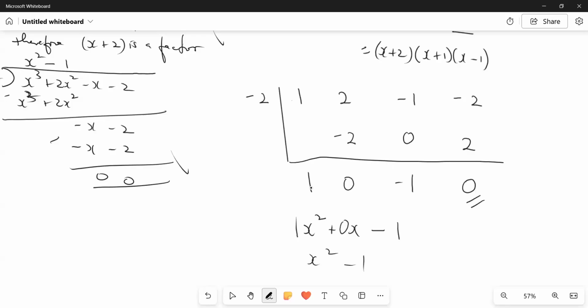So that's why I have here 1x squared plus 0x minus 1, which is simply this. So that's synthetic division. I'll do an example or two more for you. So instead of doing long division, you can do synthetic division.